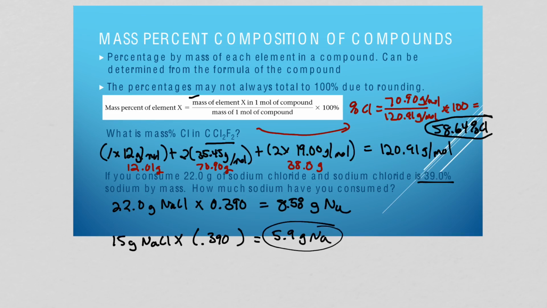So if we know the mass percent, or we can calculate the mass percent, we can easily then figure out how much of a particular element is represented by a particular amount of the compound.